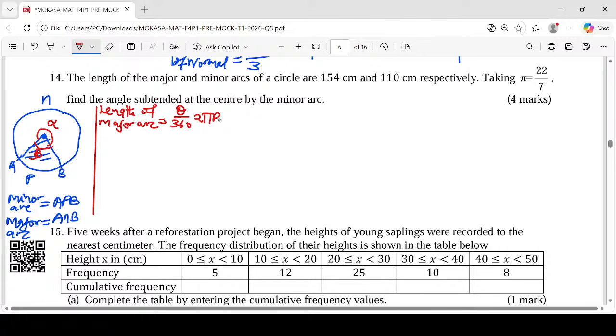But what is this major arc? The length of the major arc is 154. So this will now be 154 is equivalent to, theta is the angle subtended by the major arc, which is alpha over 360 multiplied by 2 by 22 over 7 by r.